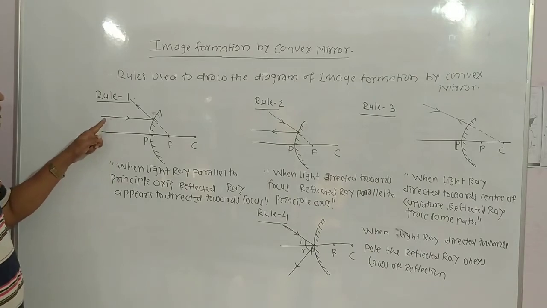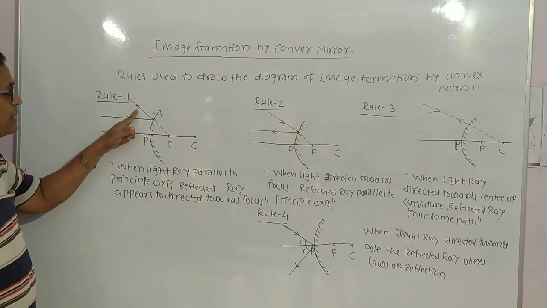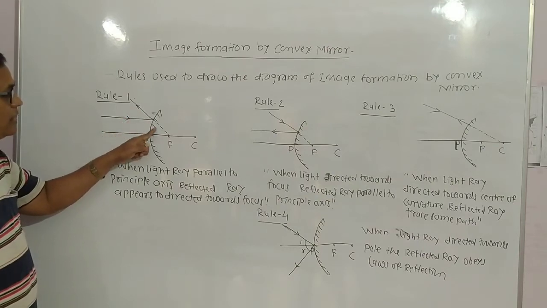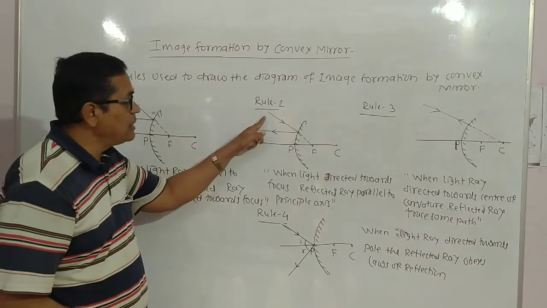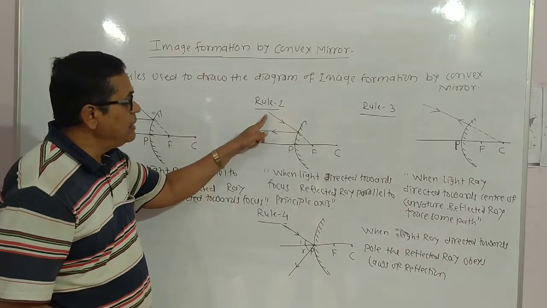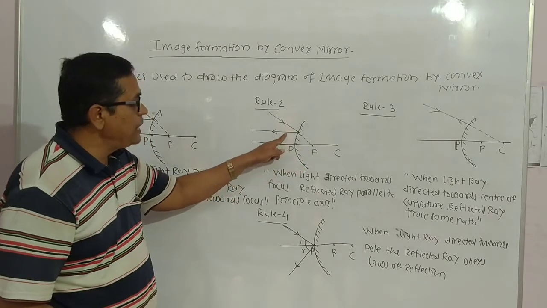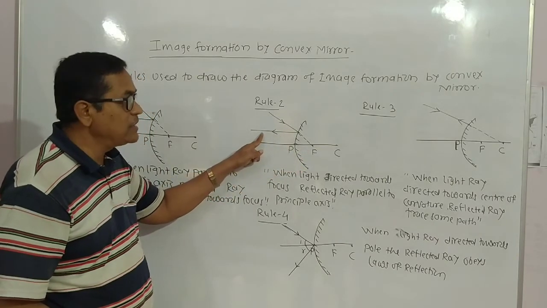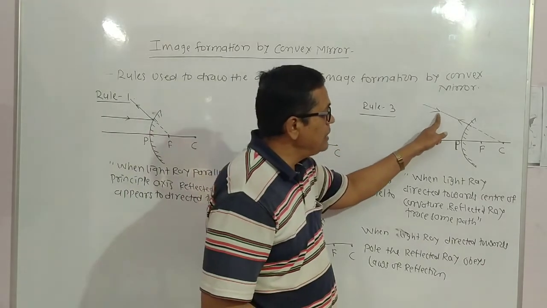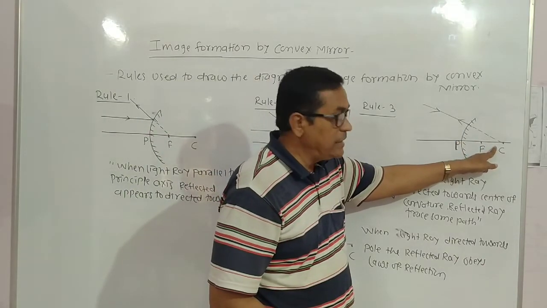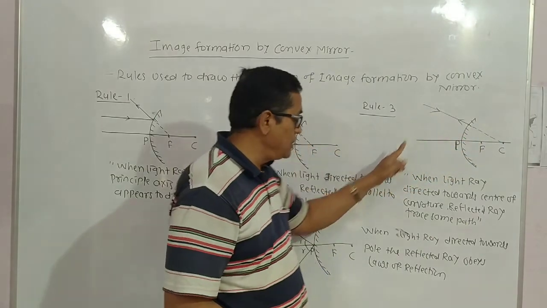In the first rule, light ray parallel to principal axis, reflected ray is directed towards the focus. Then rule number two, light ray directed towards the focus, reflected ray parallel to principal axis. Rule number three, light ray directed towards the center of curvature, reflected ray traces the same path.